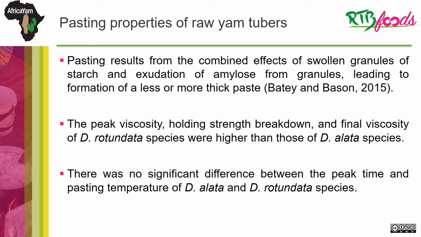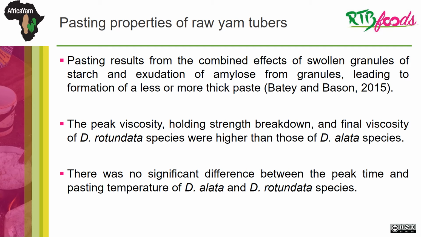The reason why we are doing the raw yam tubers for pounded yam is that we are trying to look at what we can use to measure stretchability in pounded yam, because over the years since we started this RTB foods project, we have been saying that we need a proof of concept, or to develop a methodology, to measure the stretchability in pounded yam.